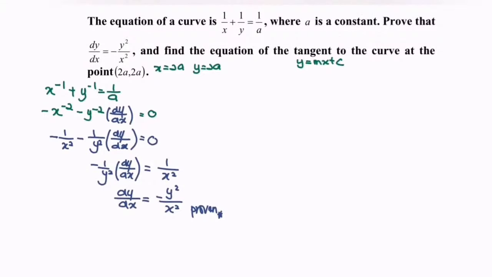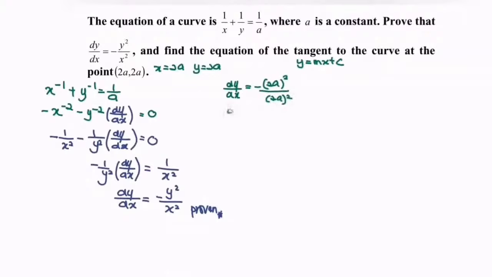dy dx is equals to the gradient. So kindly substitute dy dx with the value y and x. So in here, the y is 2a bracket square over the x square, where we have another 2a square.